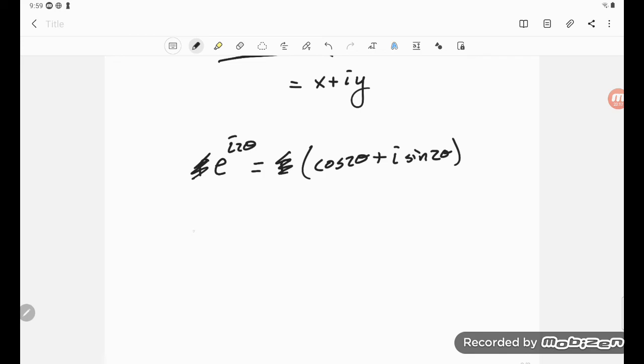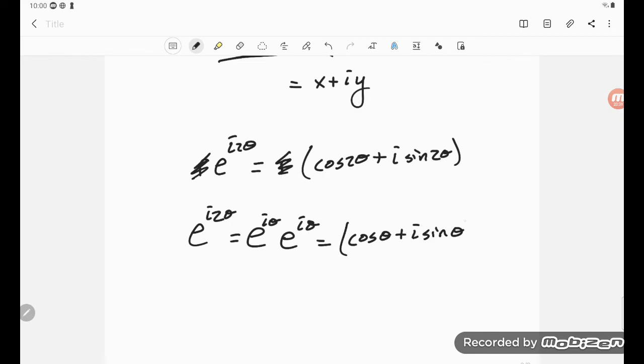It's also true, of course, that e to the i 2 theta is just e to the i theta times e to the i theta. And so that's cosine theta plus i sine theta squared. And so that is cosine squared theta.